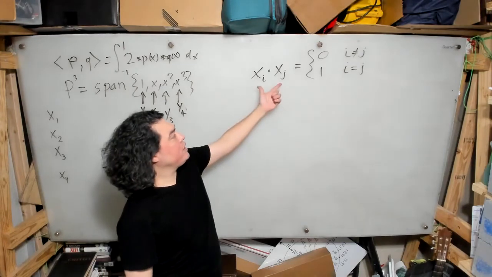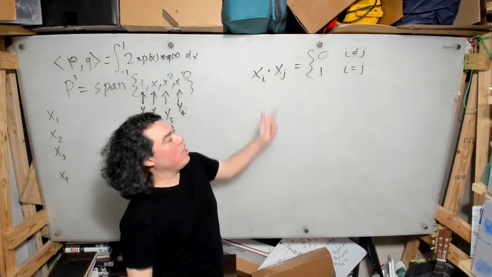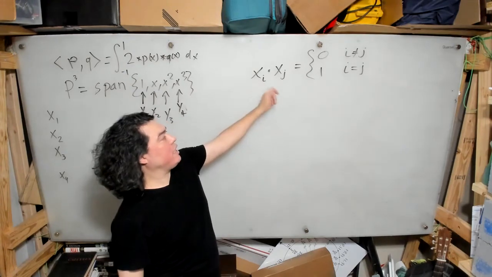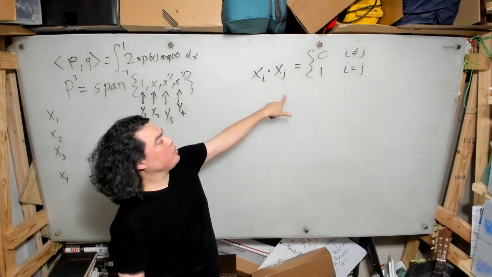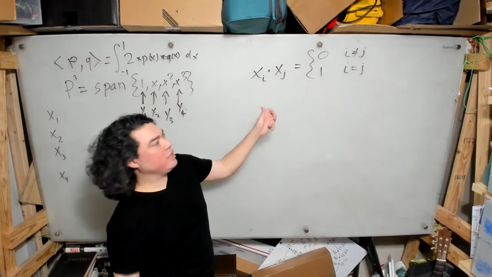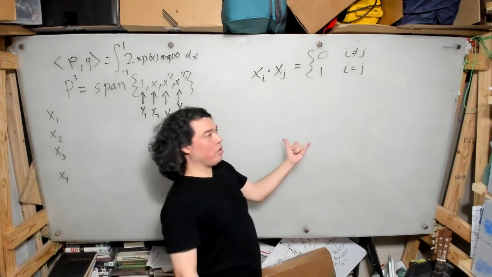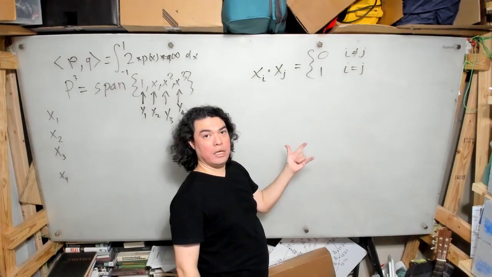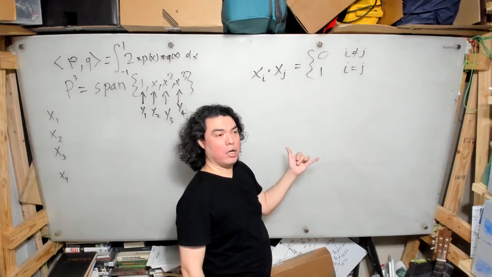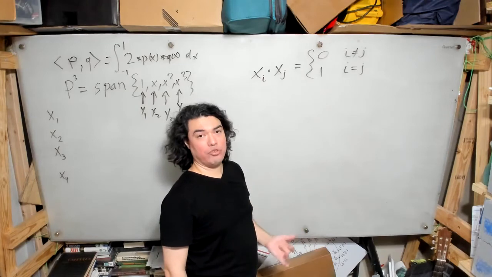It's also telling us that if i is not equal to j, they're orthogonal. Let's say i was 1, j was 2, then x1 times x2, in the inner product sense, equaling 0 means they're orthogonal. So number one, they're orthogonal pairwise, and they each have magnitude 1.